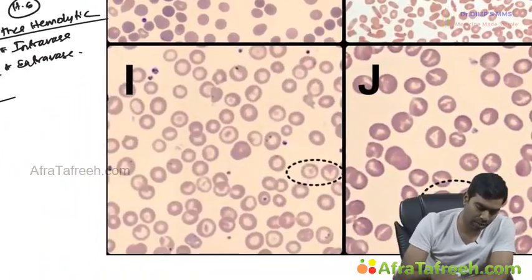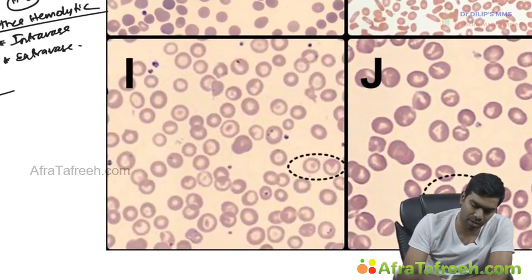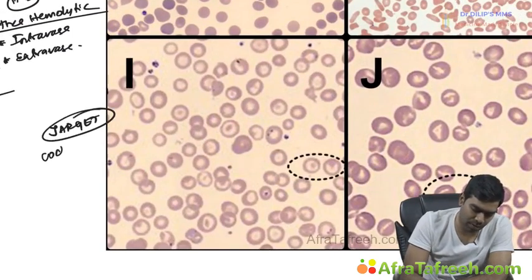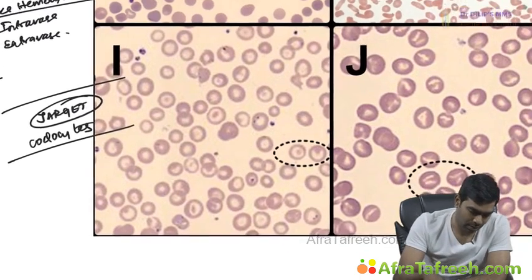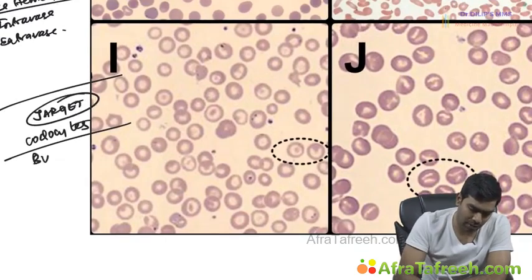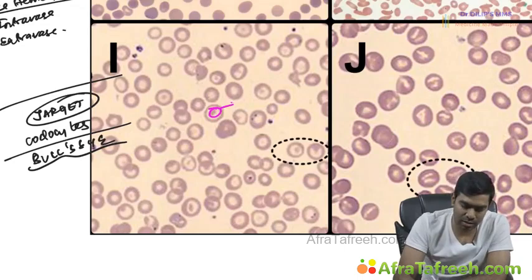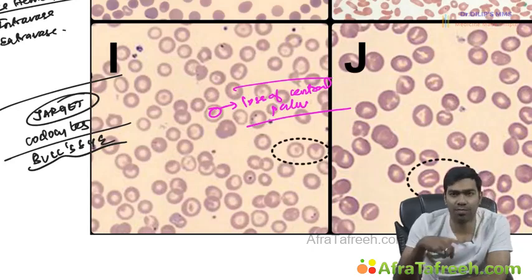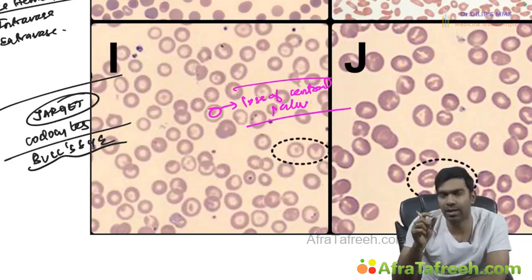Then as we move on to the next segment, you can see something called target cells. Target cells are otherwise referred to as codocytes. So what do you mean by target cells? This is otherwise called bullseye cells, where there will be loss of central pallor, but you can see a clear halo of pallor around that central hyperchromic area.